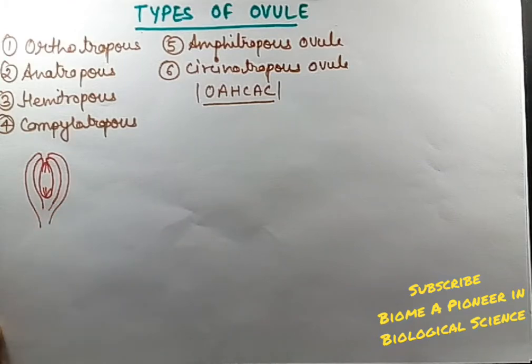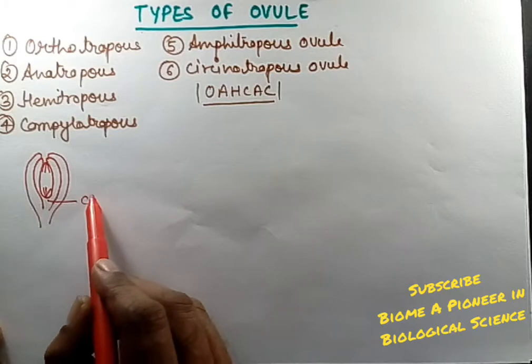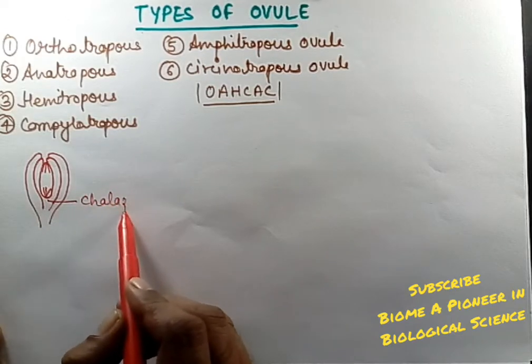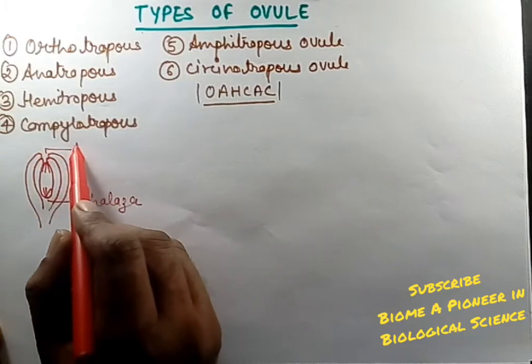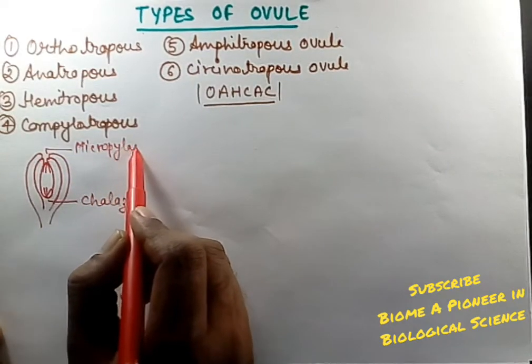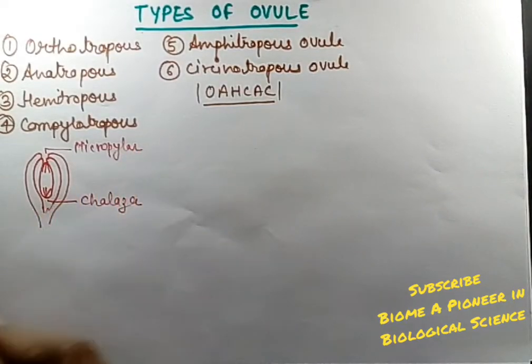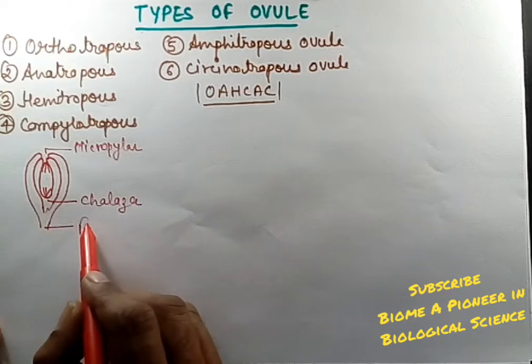What you see here, this portion is called chalaza. This portion is called micropyle, and this one is the embryo sac. This is called funicle.